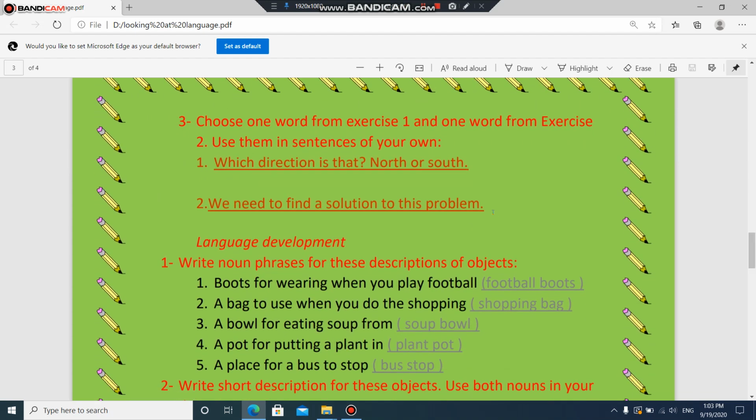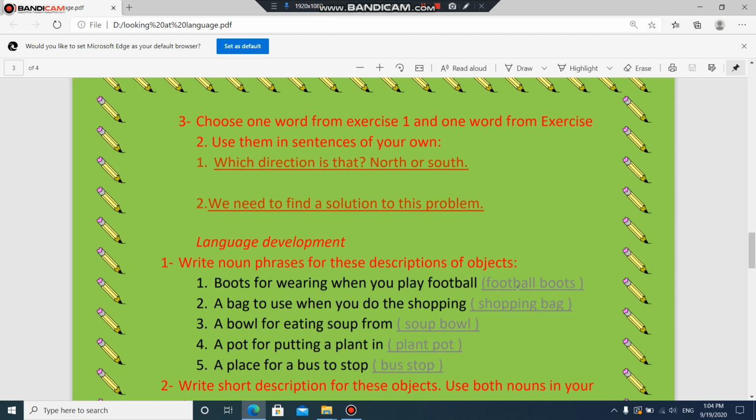Okay guys, now go to page number 7. We have language development. Exercise number 1. Write noun phrases for these descriptions of objects. Okay, for example, boots for wearing when you play football.